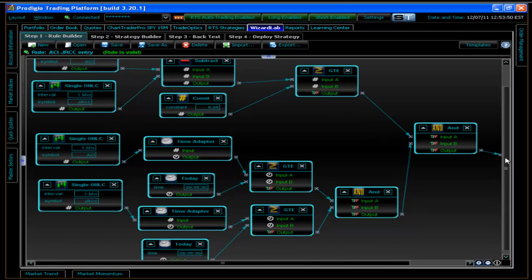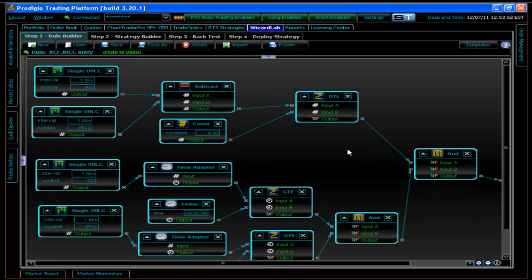So knowing that these are the guts of what an ACI GRCC entry short at 898 is, do you see very easily how you can change this rule to BXP VNO? You should. It's really easy. Watch. All I have to do is go BXP, second symbol VNO, and I want to change my OHLCs here to BXP VNO.